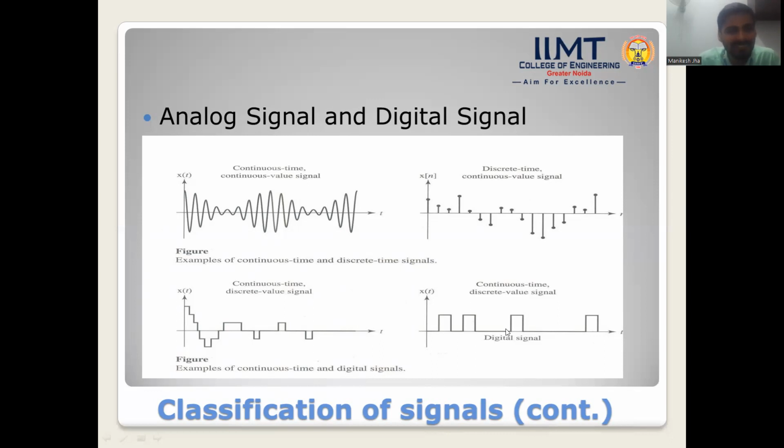Whereas in digital signals, amplitude is discrete, whereas the time is in the continuous domain. Time is continuous and your amplitude will be discrete. So this is the difference between the discrete time and the digital signals.